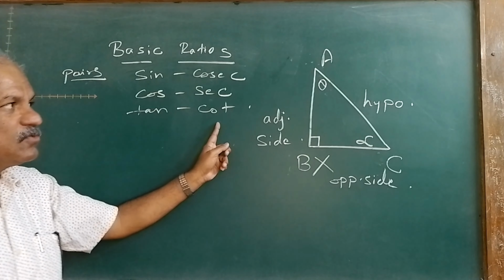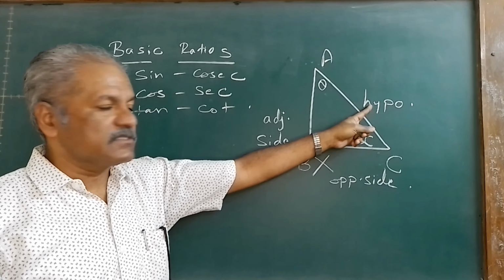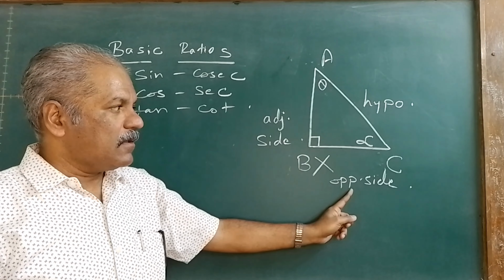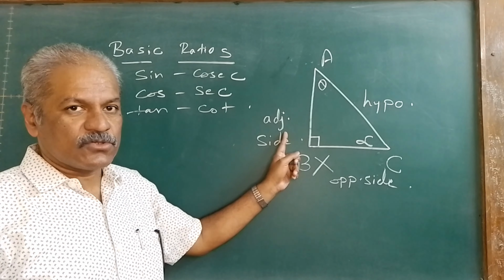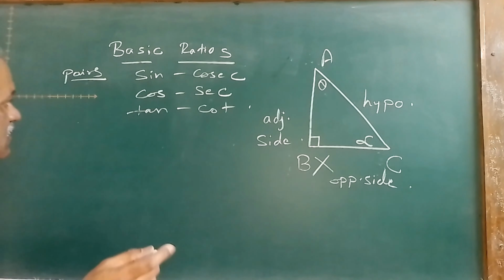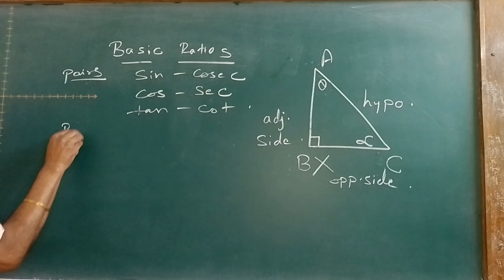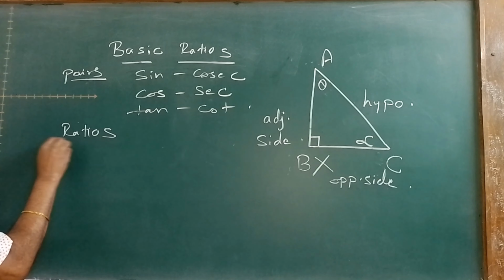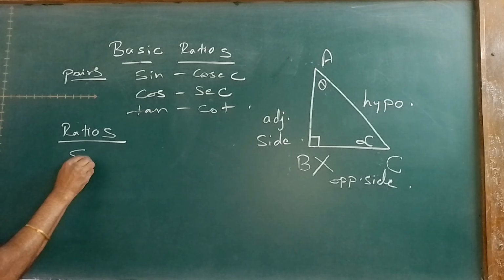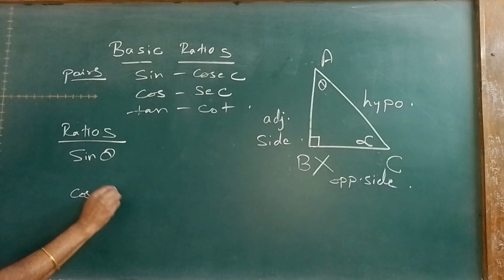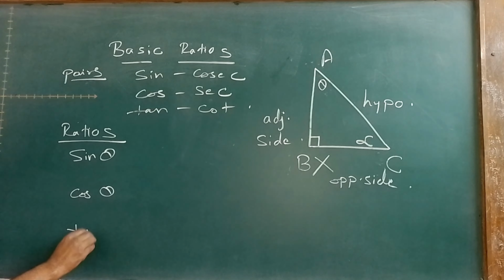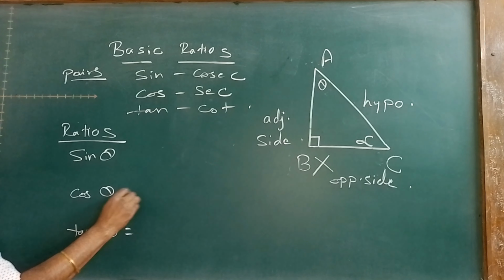And how many sides do we have? Hypotenuse is the first side, second will be the opposite side and third will be the adjacent side. So how do we go with the ratios? First I go with sine theta, second is cos theta and third is tan theta.